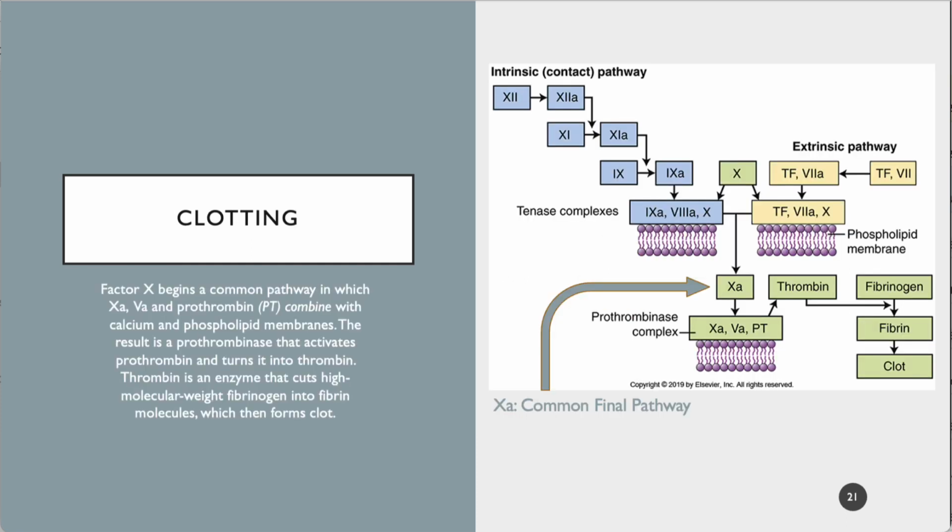The clotting cascade, look, there's a whole lot of detail in the clotting cascade that we're not going to bother with, especially for this part. What I want you to know is that factor 10A is really where these two intrinsic and extrinsic systems come together. And when the factor 10 is activated, that's what the A stands for. It stands for activated.